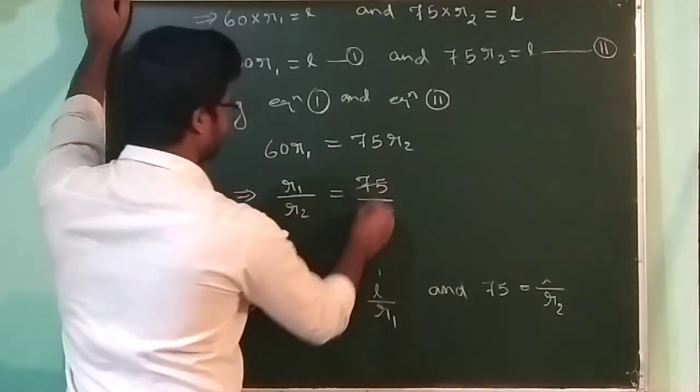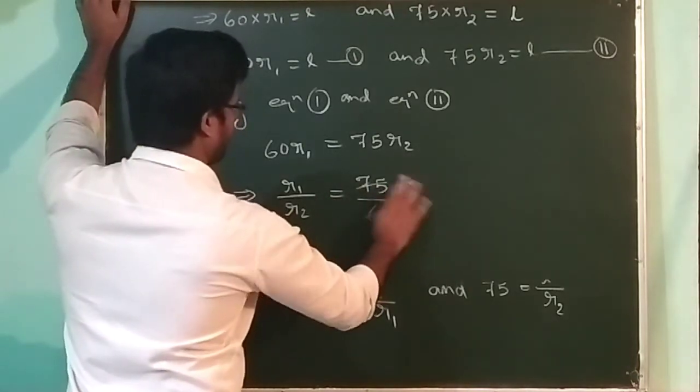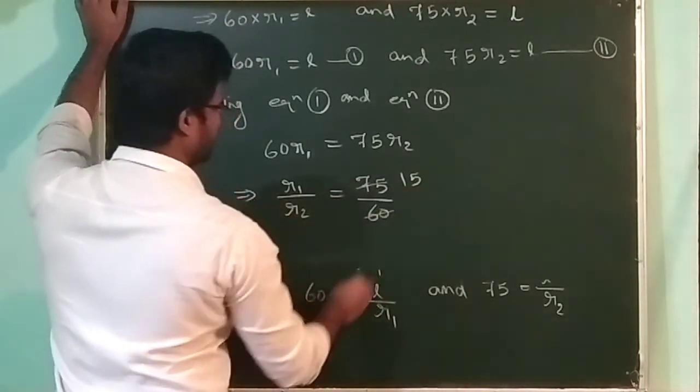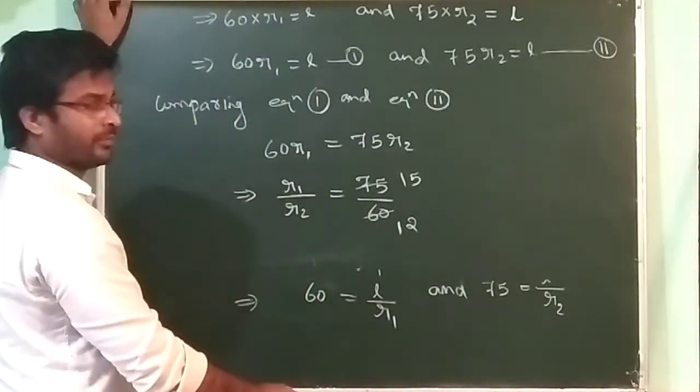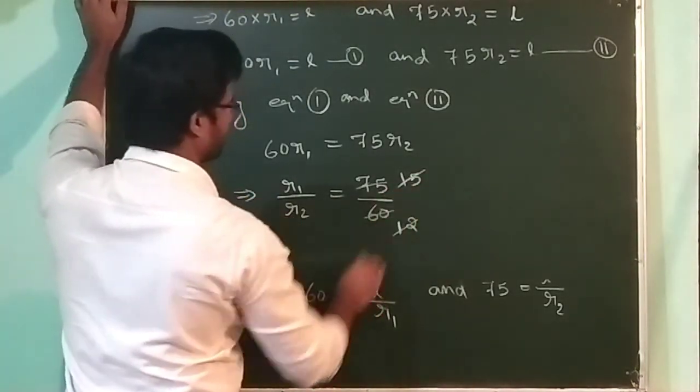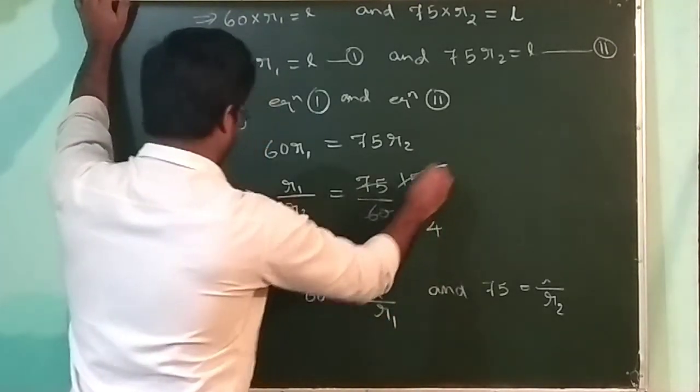And then cut it. 5 we can use: 5 times 1 is 5, 5 times 15 is 75. Here 1, 2, 12, 60. Again 3 we can use: 3 times 4, and here 5 times.